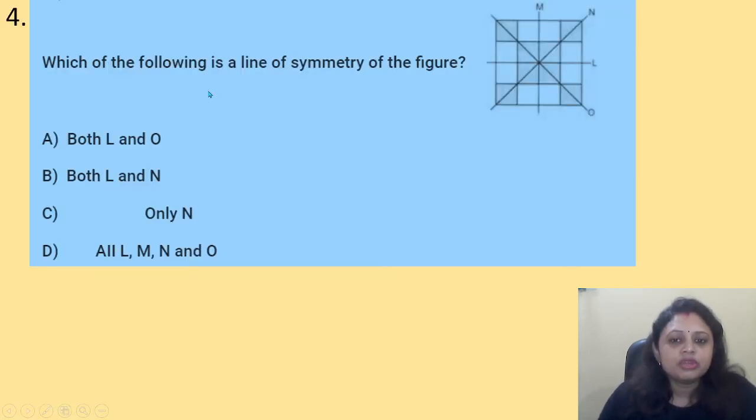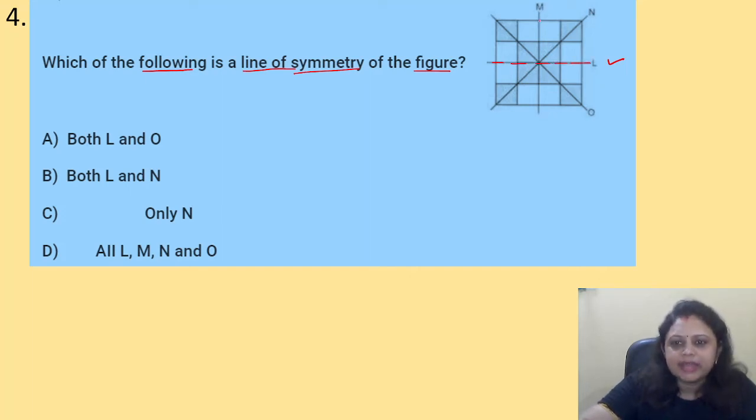Which of the following is the line of symmetry of the figure? Option A, both L and O. B, both L and N. C, only N. D, all L, M, N and O. So in the question it is given which of the following is a line of symmetry of the figure. So if we look at the L, it is dividing it into two halves, right?